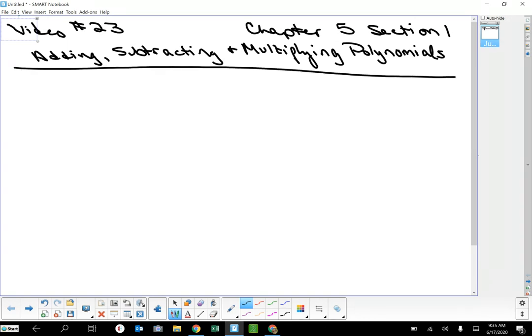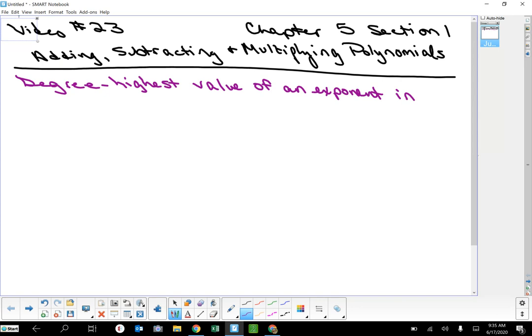Okay, so I have a few definitions here that you need right at the beginning. The first thing is, let's do a degree first. A degree is the highest value of an exponent on a term in a polynomial.